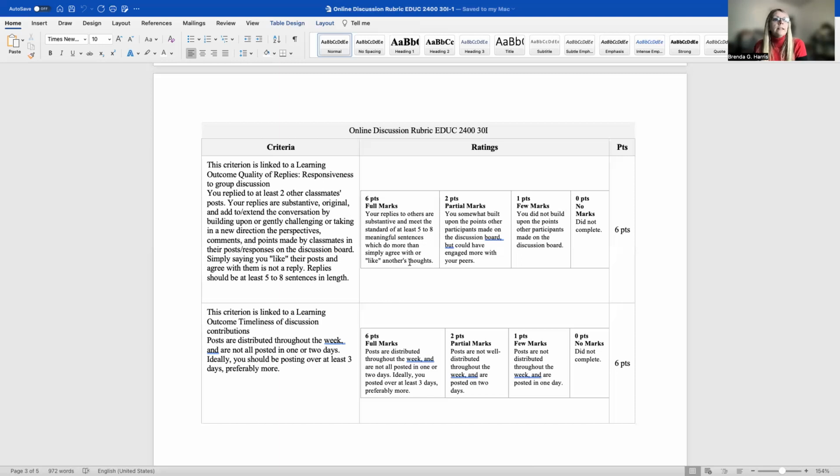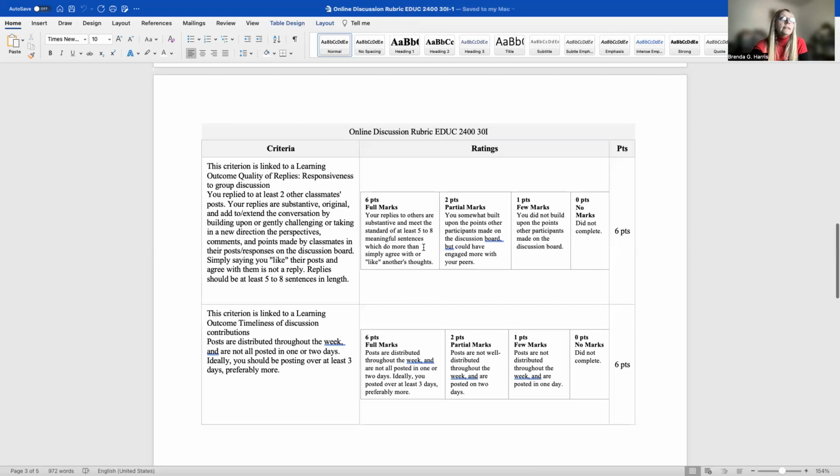So 6 points, full marks. Your replies to others are substantive and meet the standard of 5 to 8 meaningful sentences, which is more than saying something like, I love how you said this, or I like how you said that.